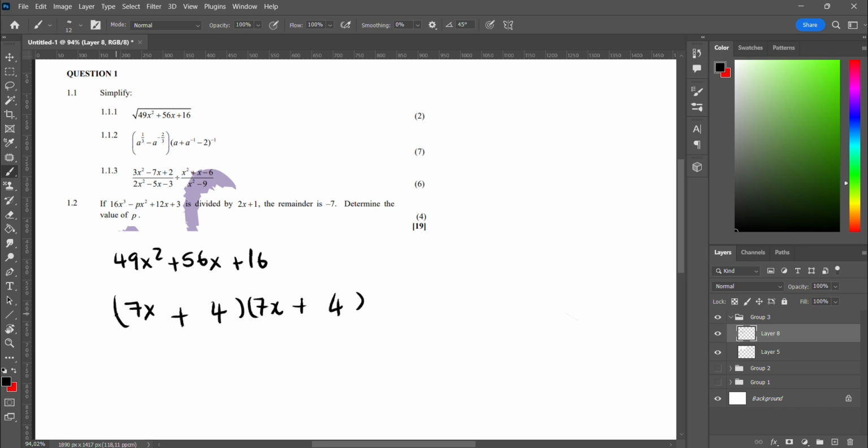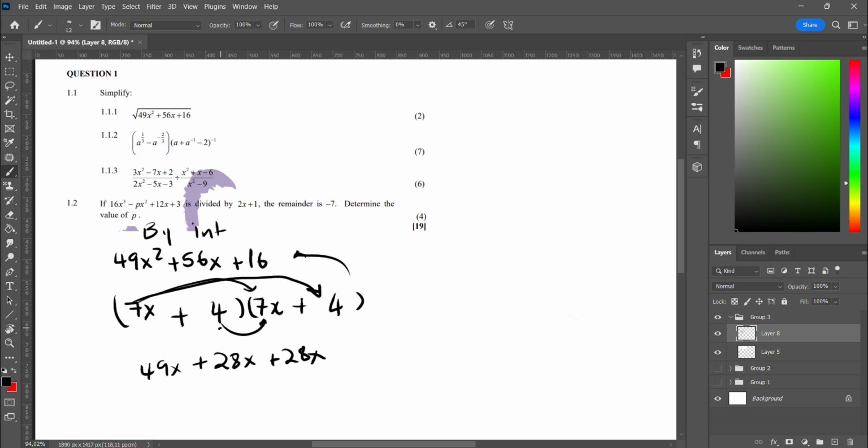So we want to prove that this will take us back to that, right? It's just by intuition. So what is 7 times 7? 49x. 7 times 4, 7, 14, 21, 28. So plus 28x plus 28x plus 16.